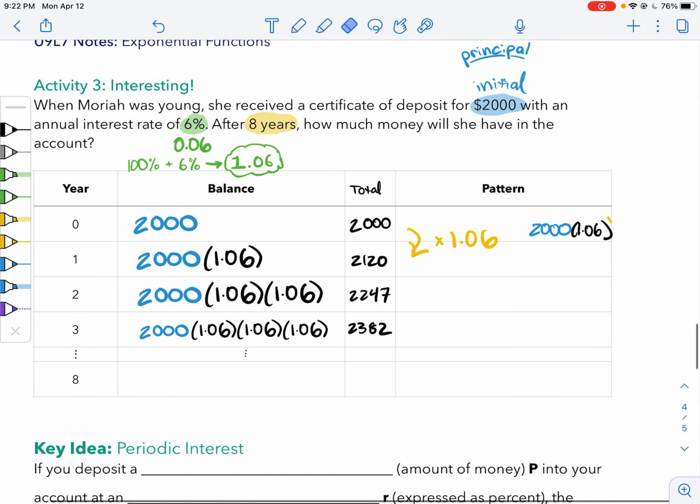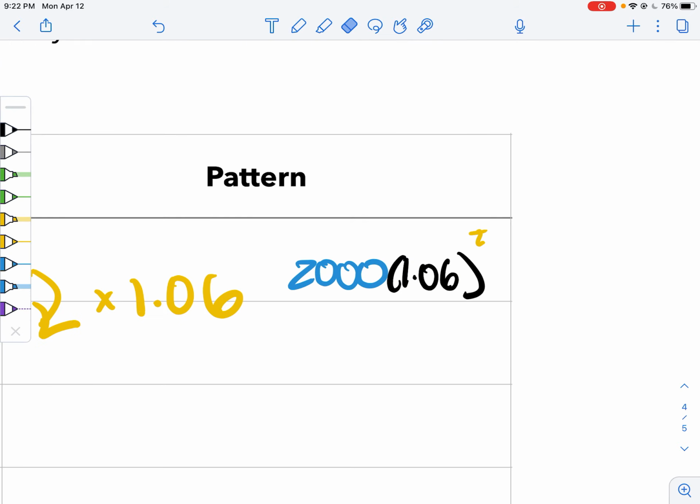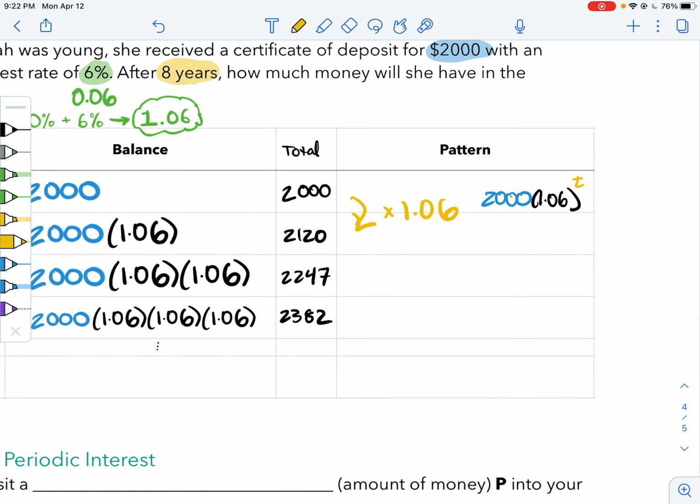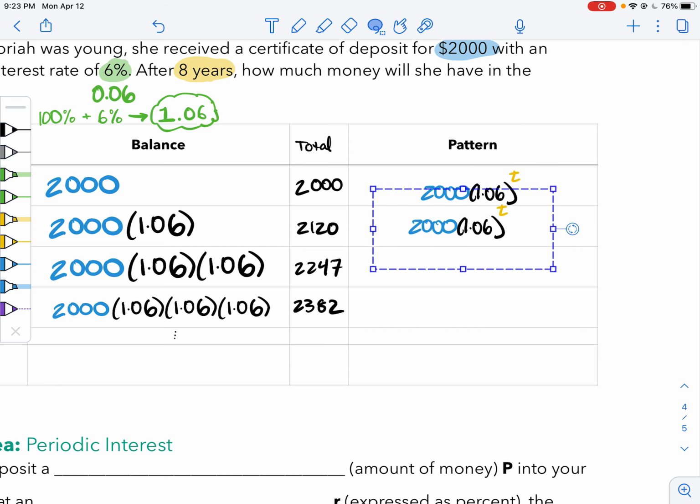I know X for exponent is fun because it sounds like exponent, but let's do T for time. So that's our rule. It's 2,000 times 1.06 to the power of time.